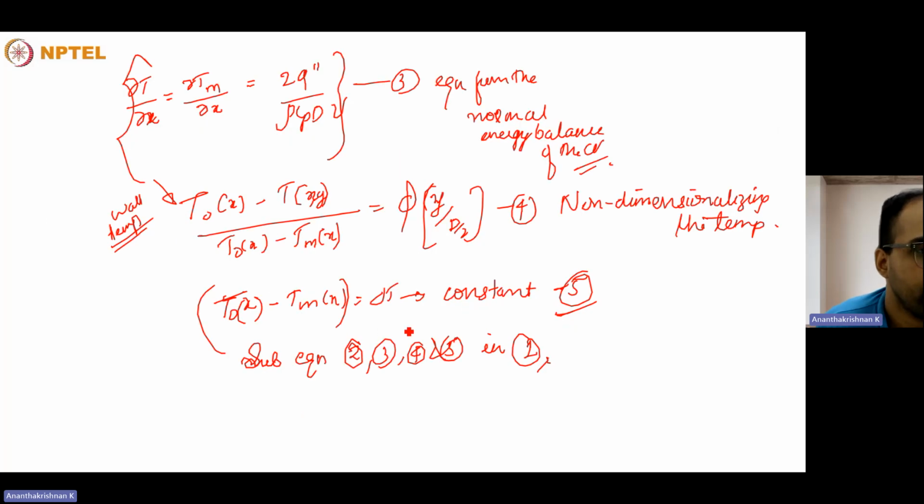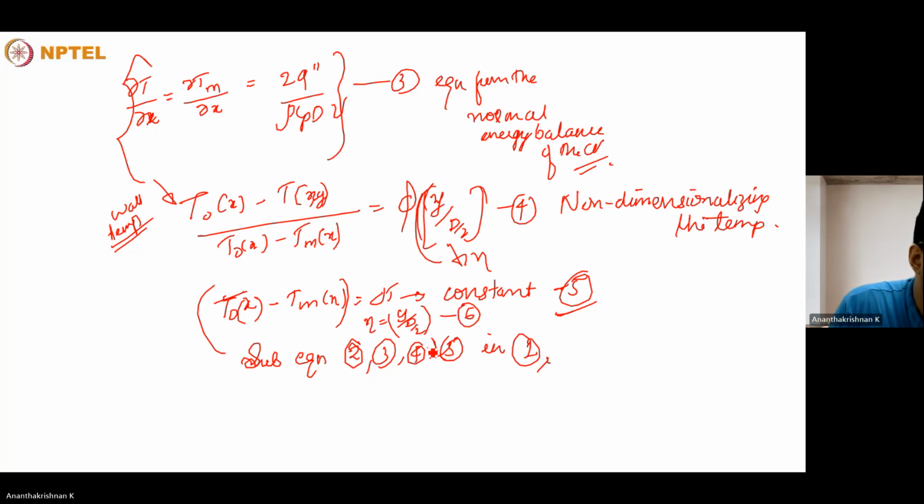So y has to be non-dimensionalized. How we non-dimensionalize is that we put eta equal to y divided by d by 2. So phi can be written in the form of eta. Phi of eta, this y by d by 2, can be non-dimensionalized as eta. Write it as 6. So 5 and 6 in 1.